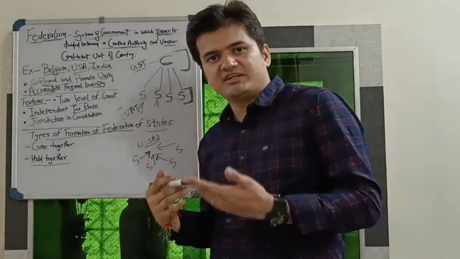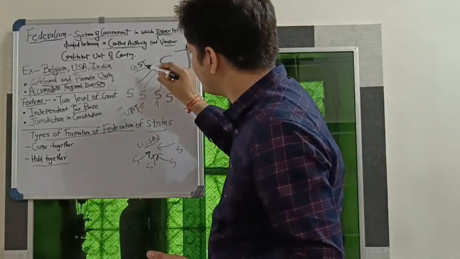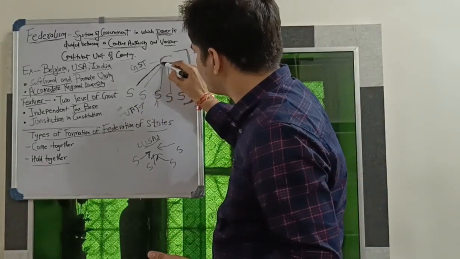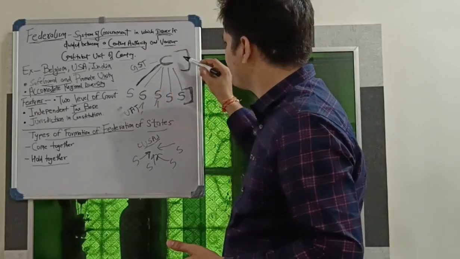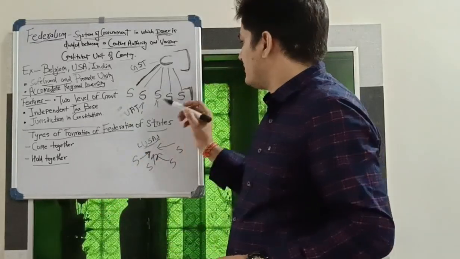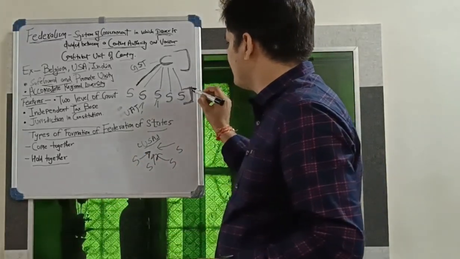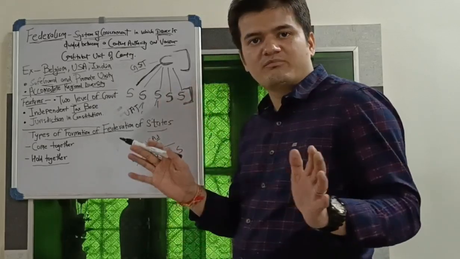If any new state is formed, then some power will also be distributed to the new state. So in this form of government, the central government and the state government do not have equal power. Even the respective states have no equal power.